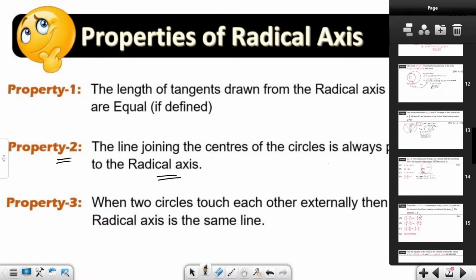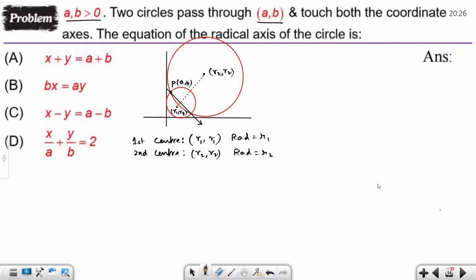Therefore, in our question, let me give names to these centers. Let us say this is A and this is B. So AB is perpendicular to the radical axis. We are sure about it, right? Now, what is the slope of AB?